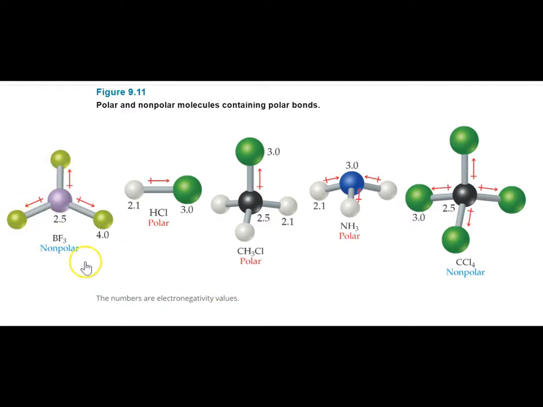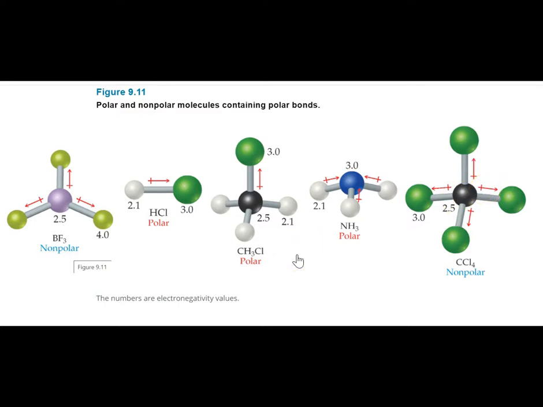All of those vectors would cancel. If the vectors cancel, it is nonpolar. Looking all the way to the right, carbon tetrachloride. This looks just like CH4 that we just did. Based on our vectors and our molecular geometry, all of my vectors are equal in magnitude but opposite in sign, meaning they are going to cancel. If your vectors cancel, it is nonpolar.